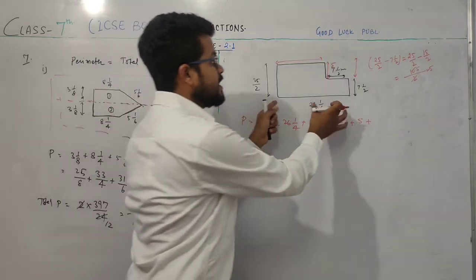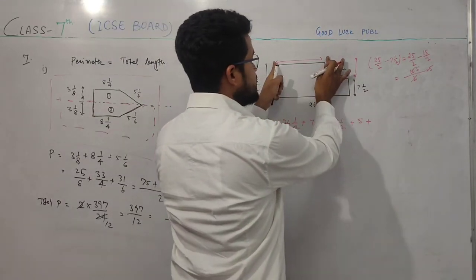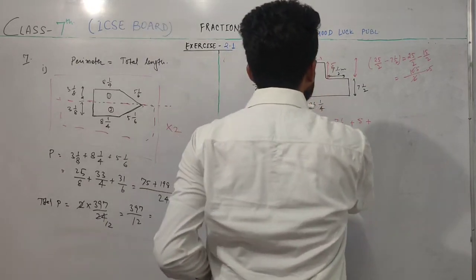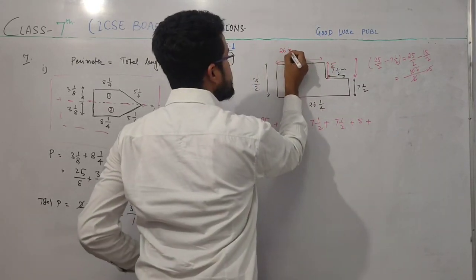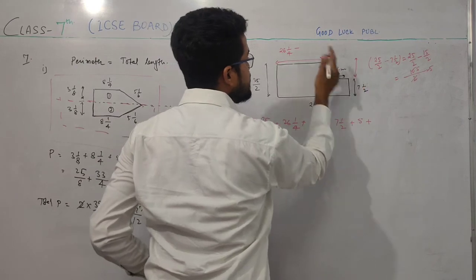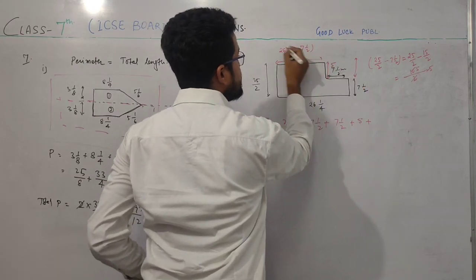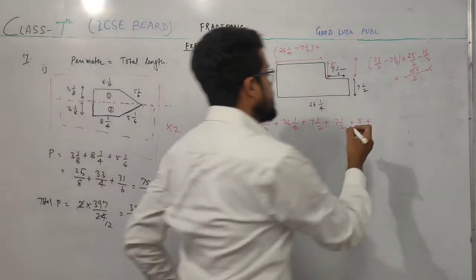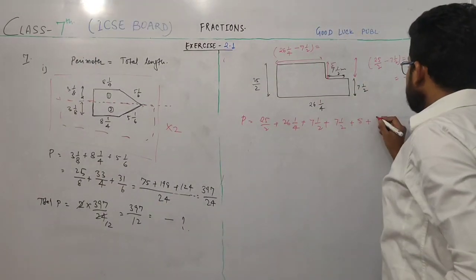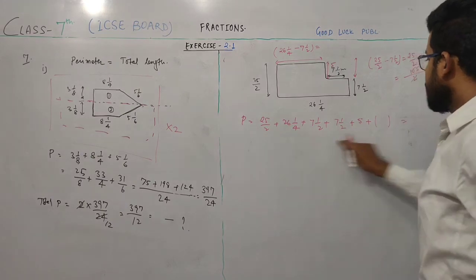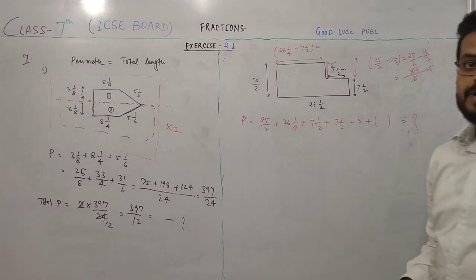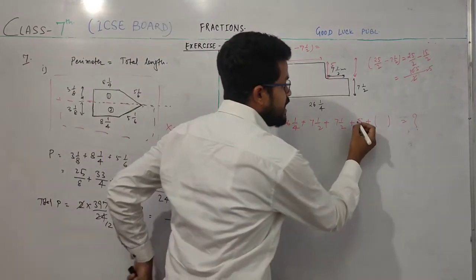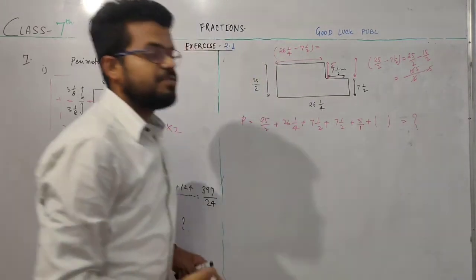After getting the value, put it here and add all these values, and you get the answer. Here 5 I simply write as 5/1.